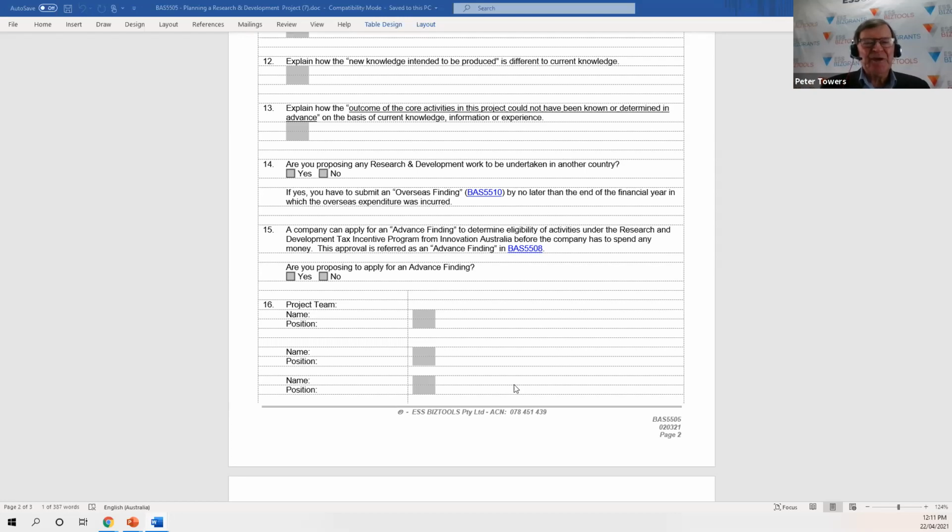Now, that could be quite expensive for the company if that person turns around and makes a claim on the company that they own part of this product that's been developed, because their employment agreement did not cover their involvement in a research and development activity.